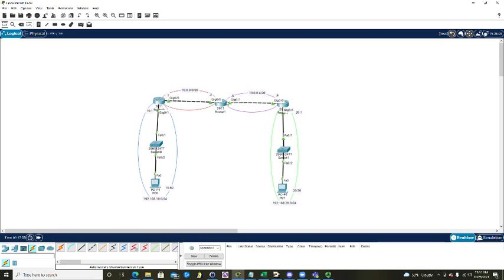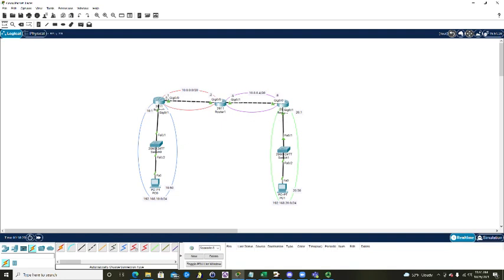And I've gone ahead and put addresses on each of the interfaces that I've just marked. Our PCs are going to be sitting at 192.168.10.50 and 192.168.20.50. Our gigabit 0/1 for this interface is 192.168.10.1, and our gigabit 0/1 over here is 20.1.